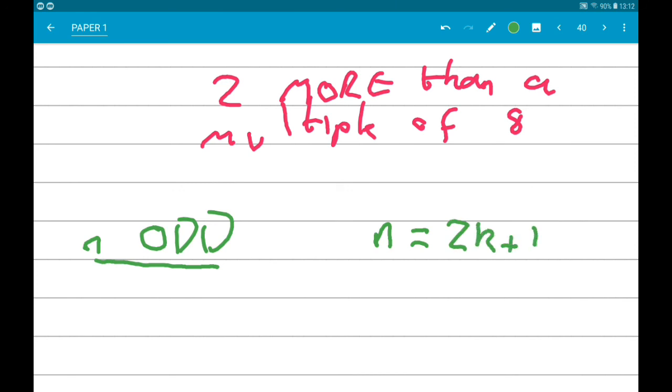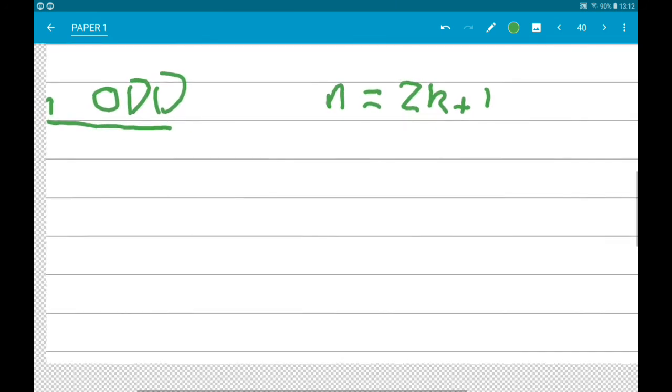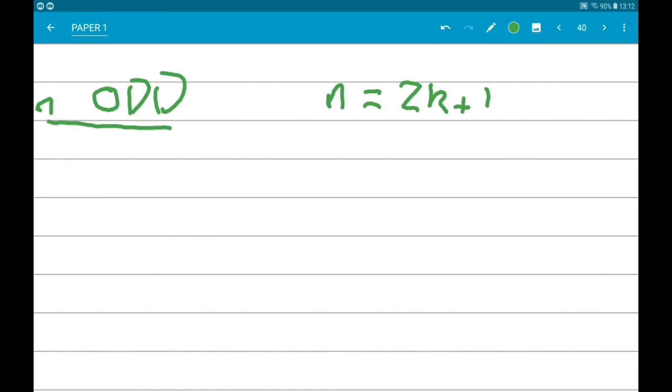So, n cubed add 2 is 2k add 1 cubed add 2.